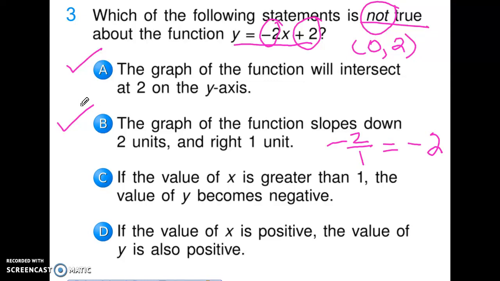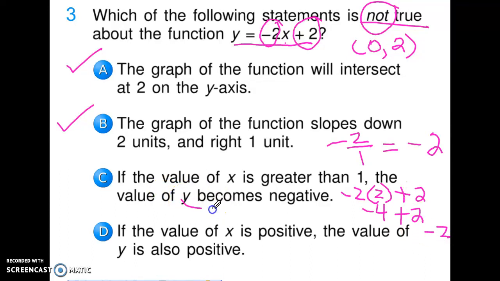So let's move on to C. If the value of x is greater than 1, the value of y becomes negative. Let's just pick out a value that's greater than 1. Well, 2 is greater than 1. So I plug in 2 in the place of x, and I get negative 4 plus 2, which is negative 2.